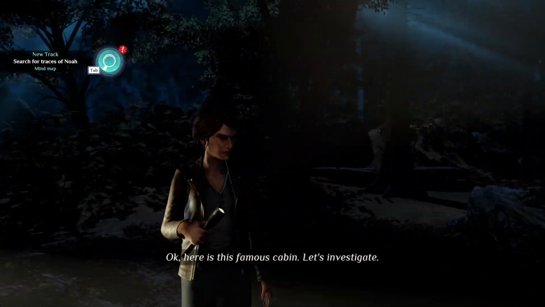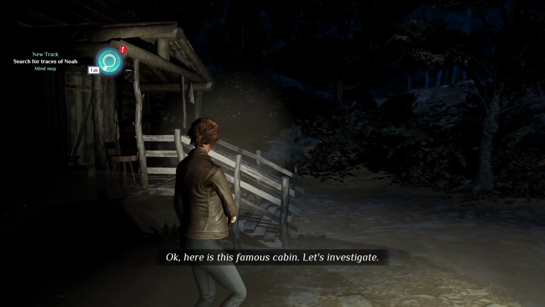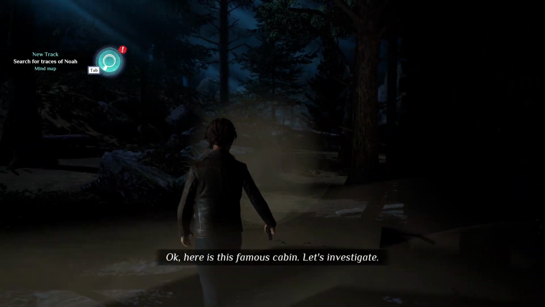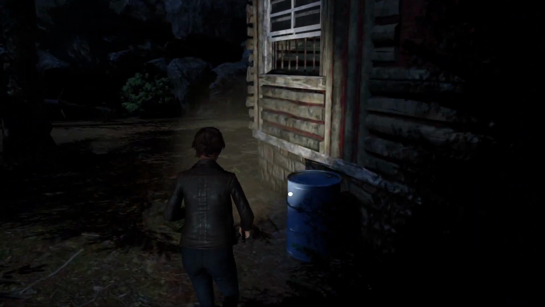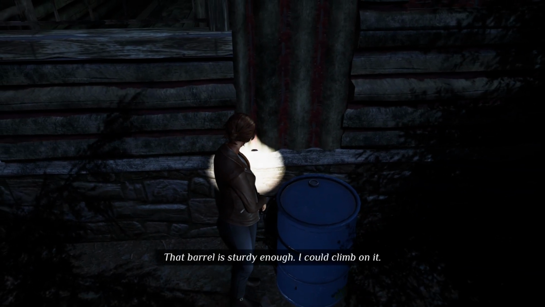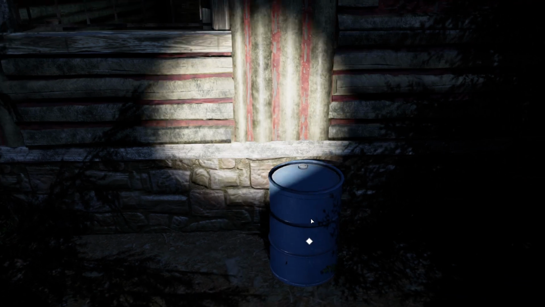Okay, here is this famous cabin. Let's investigate. Okay, so let's just walk around here and see. The barrel is sturdy enough. I could climb on it.